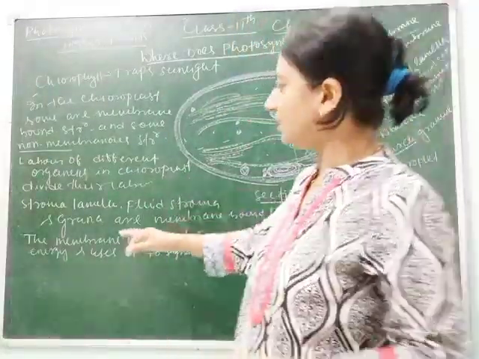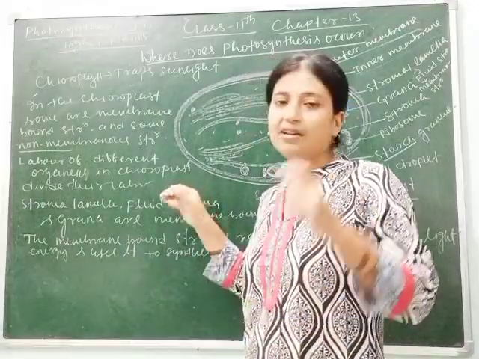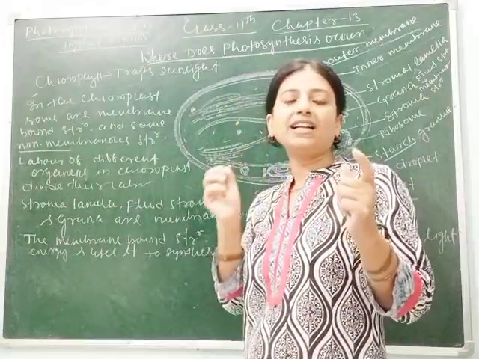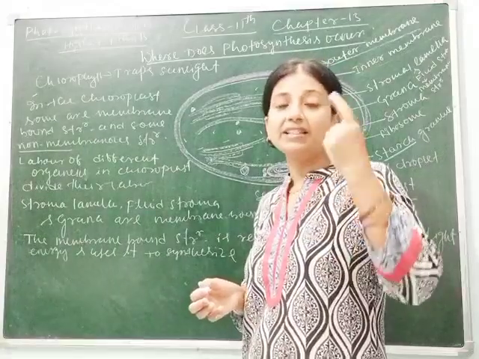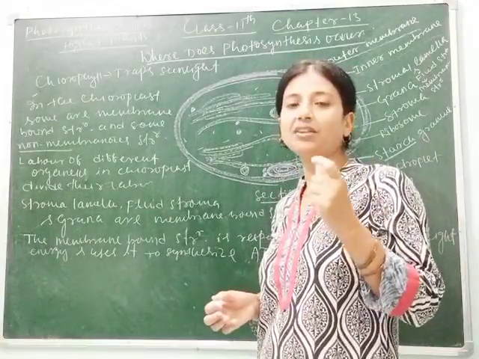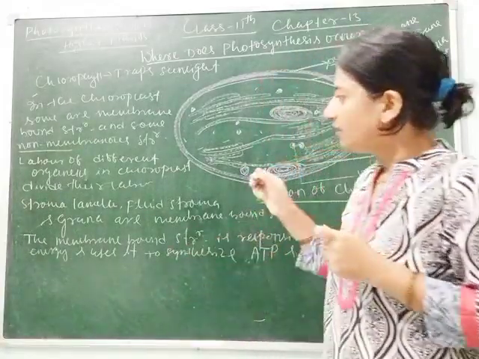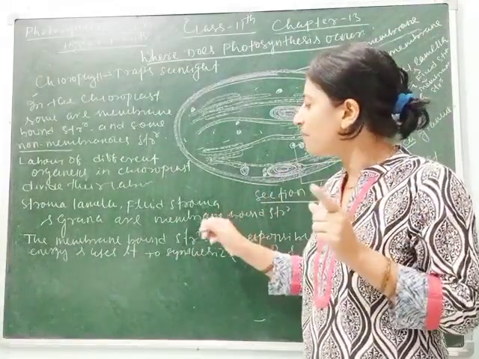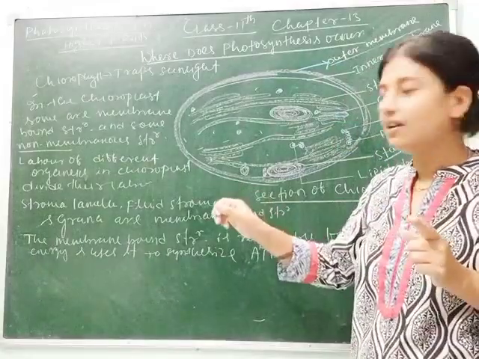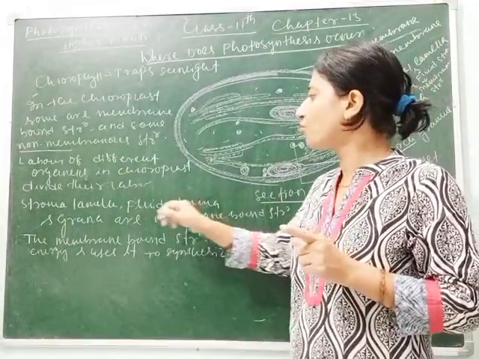Here the division is clear cut, means first you know that plants have green pigment, then you know that leaf has green pigment, then you know that chloroplast contains green pigment. Here again the green pigment that traps the light is in the membrane bound structure, and they are stroma lamella, fluid stroma and grana.